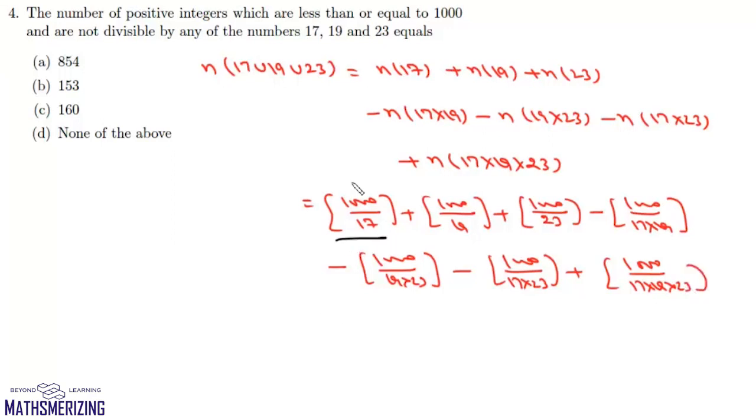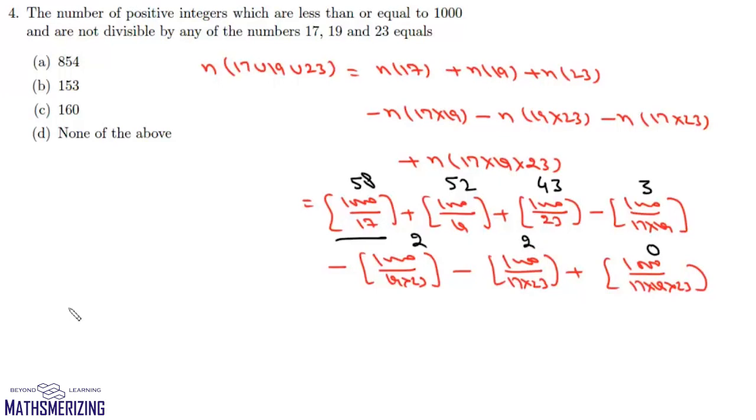Now this value is 58, this value is 52, this value is 43, this value is 3, this value is 2, this value is 2 and this value will be 0.